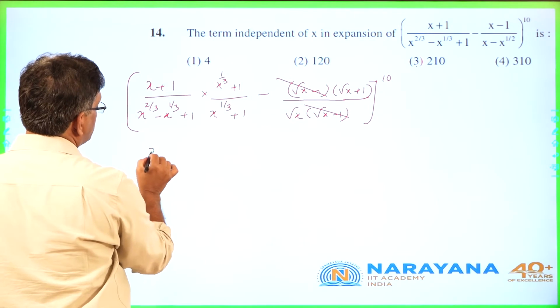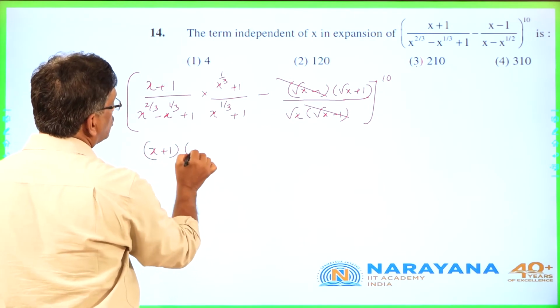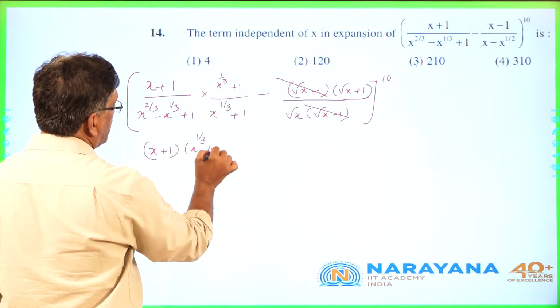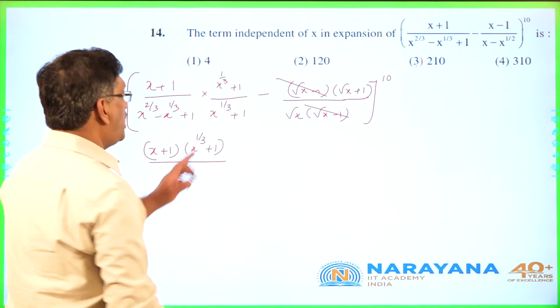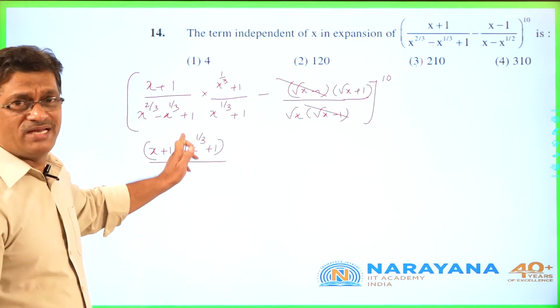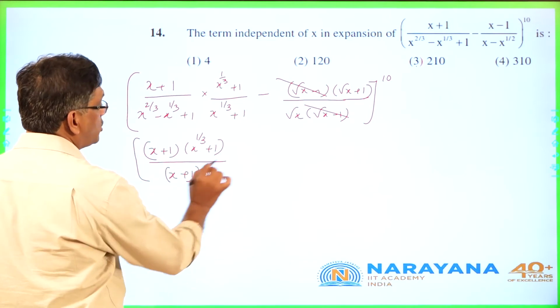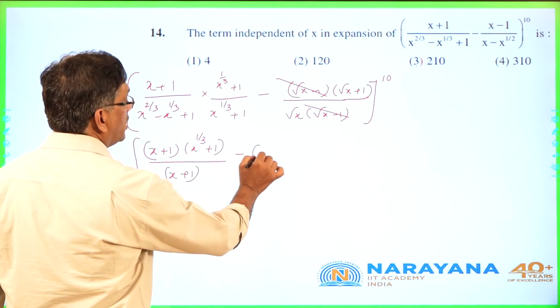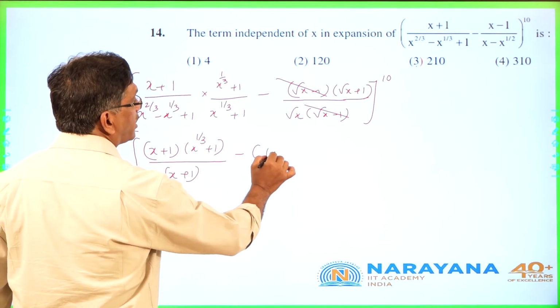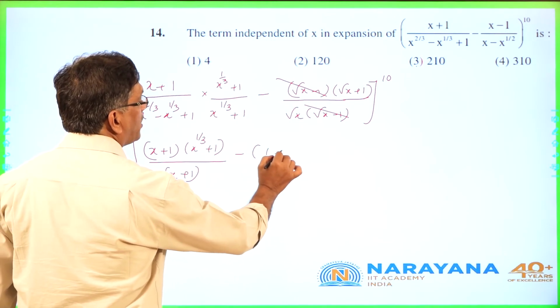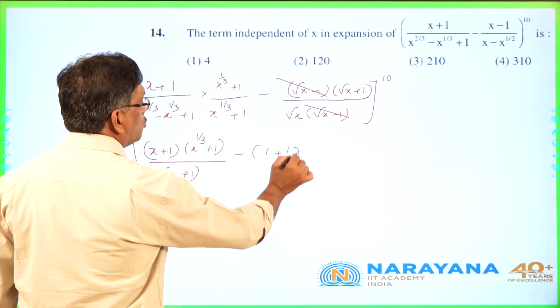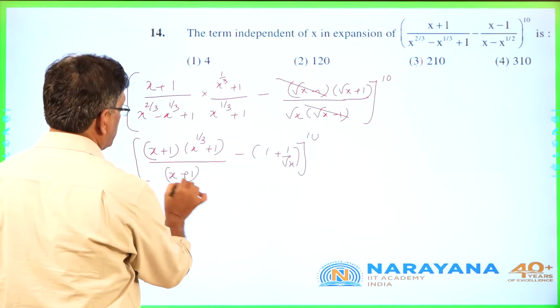Here it is x plus 1 into x power 1 by 3 plus 1. It is a plus b into a square minus ab plus b square. It is a cube plus b cube, minus. It is root x cancel plus 1 by root x. I just separated, right?